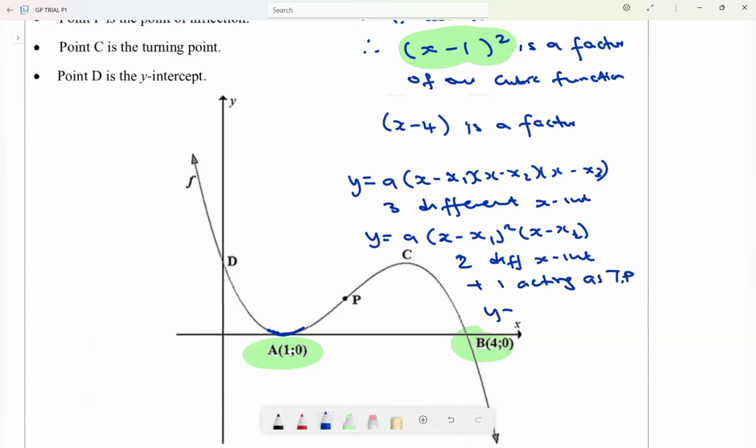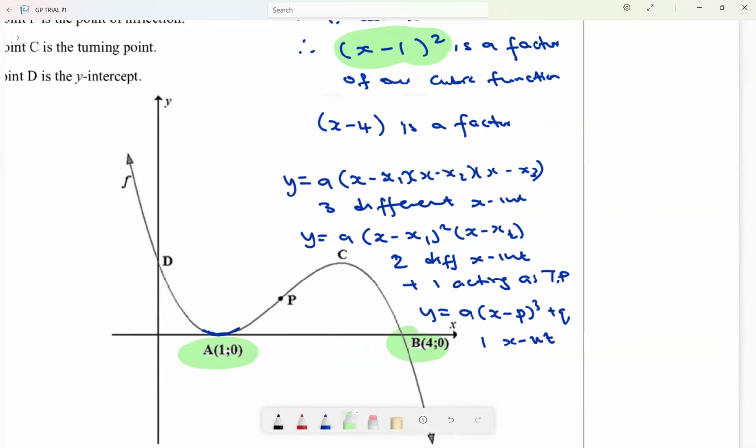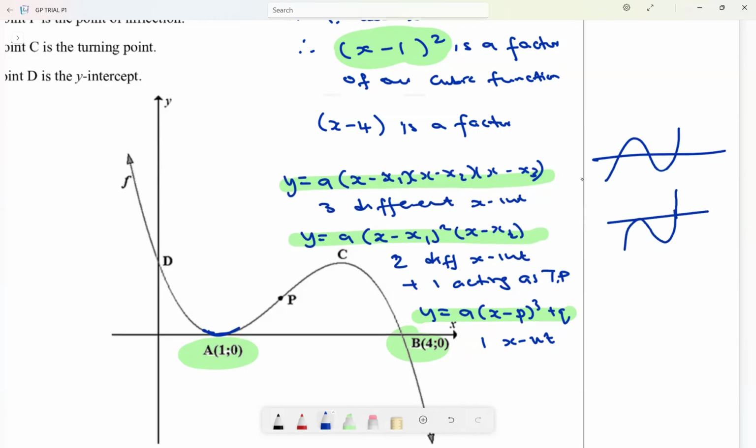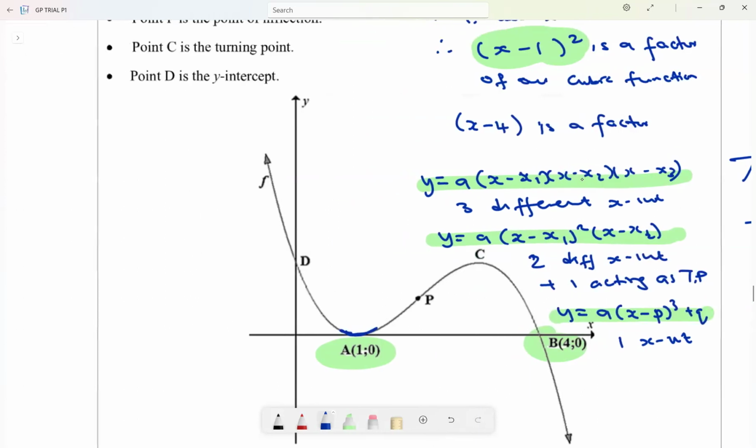And then you have this one, y is equal to a into x minus p cubed plus q, if you have one x-intercept. This is when you have a graph like this. Okay, let me output each and every formula that you use. If you have three different x-intercepts, this one; we have two, one acting as a turning point, and then this one, you just have one, like that. Okay, I hope it makes sense.